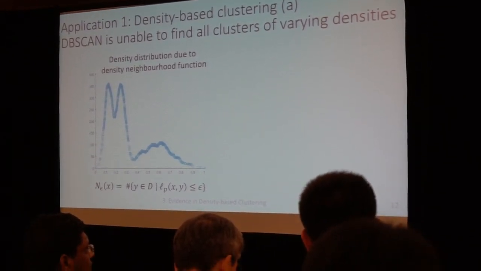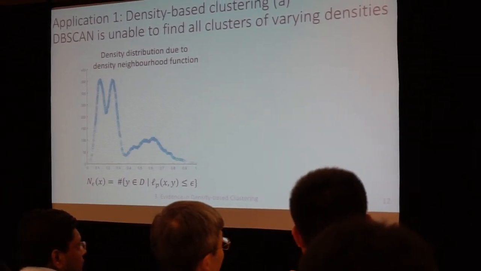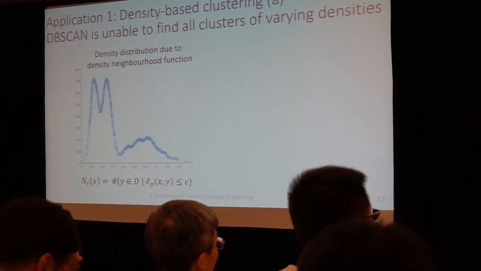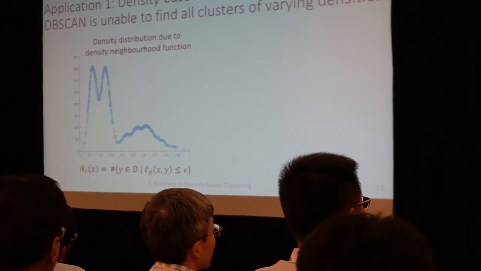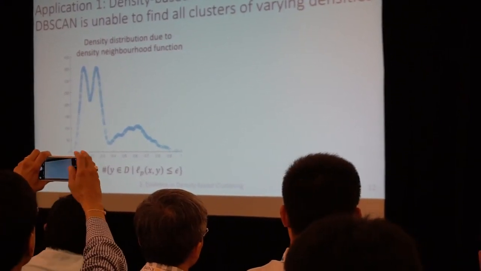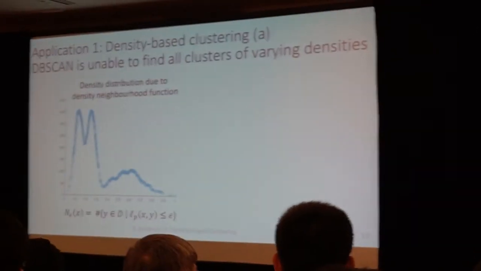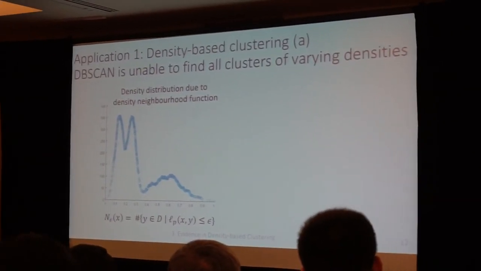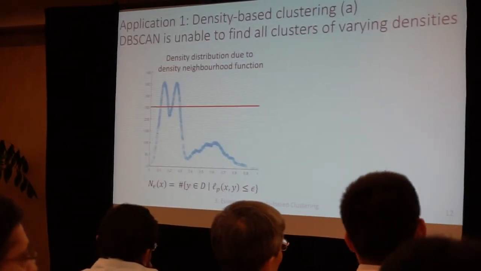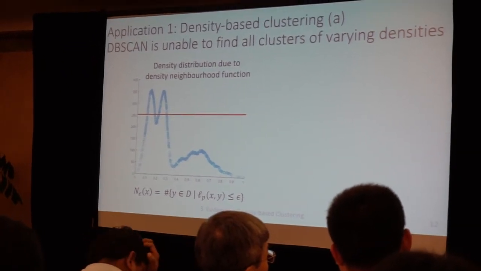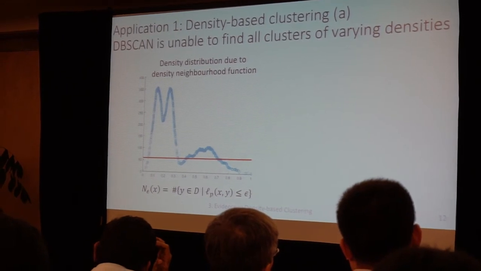We have a paper that tells you exactly under what condition DBSCAN will fail to find all clusters in the varying density condition. So this is an example in which DBSCAN will fail to find all 3 clusters. In this case, we have 2 dense clusters and 1 sparse cluster. As you know, DBSCAN uses a global threshold on density. So in this case, you get only 1 cluster, but the other 2 will be the dense clusters.